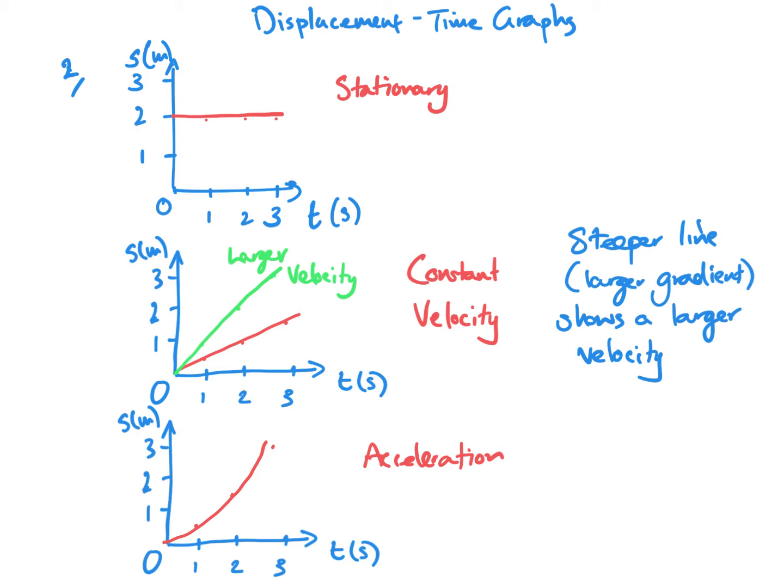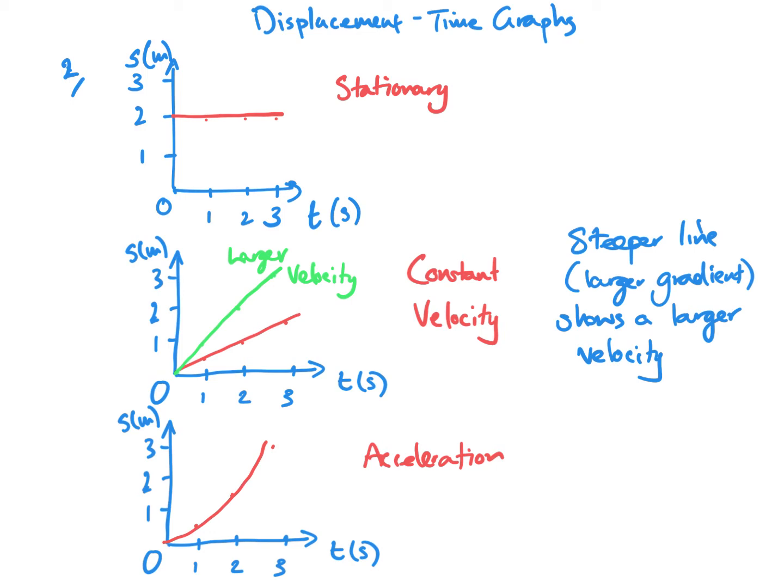What you're seeing here is an example of an s equals ut plus a half at squared curve. So when an object is accelerating, it started at 0 velocity in this example, and you get the half at squared curve. The previous graph, showing a constant velocity, is an example of s equals vt, the constant velocity equation.